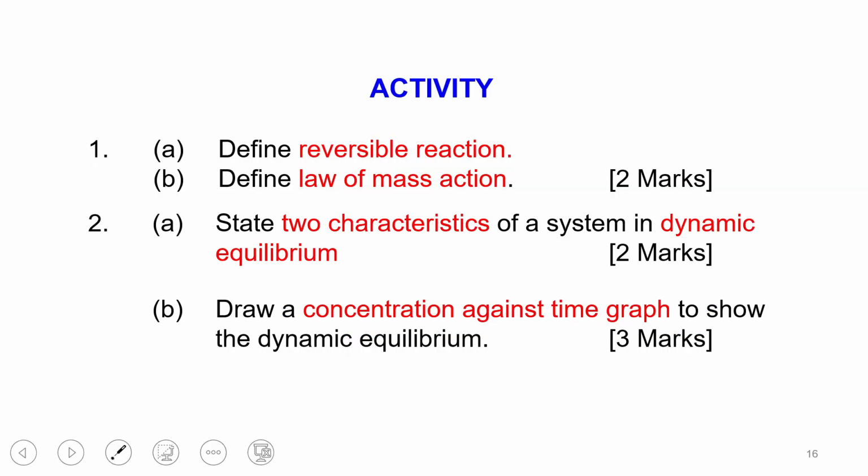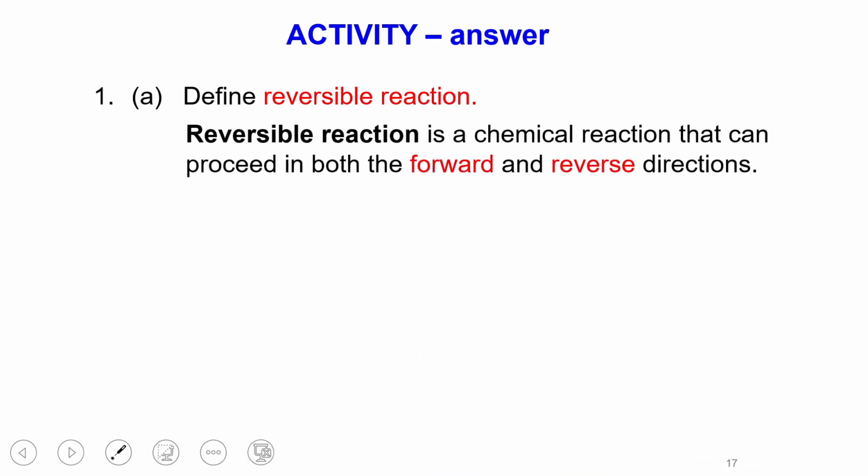Okay, so this one is the summary from 6.1. Okay, define what is a reversible reaction, define what is the law of mass action. Okay, state two characteristics when we say the system is at equilibrium, and the graph for concentration against time. So a reversible reaction refers to a chemical reaction that proceeds in both forward and reverse directions.